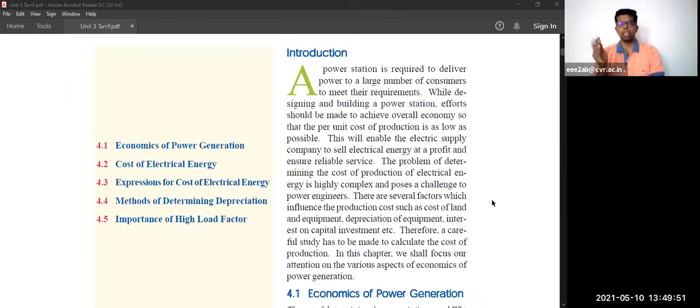Then the depreciation of the equipment, then interest on the capital investment. Capital investment means, for example, the state government is planning to construct a power plant. They will generally go for a loan from the World Bank, or from a nationalized bank.